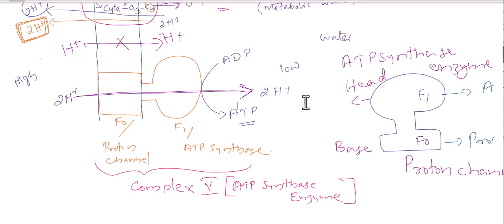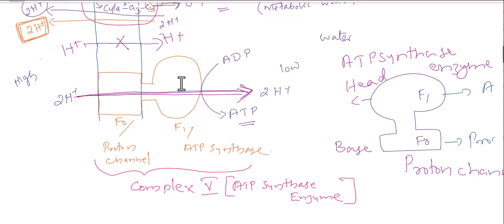From the outer compartment, the protons flow with a very high speed. By using the energy of that reverse flow, what will happen? ATP will be produced from ADP. In the NCERT text it is given like this: the F1 particle, the head region, develops a structural change.